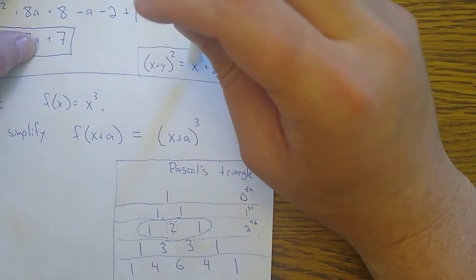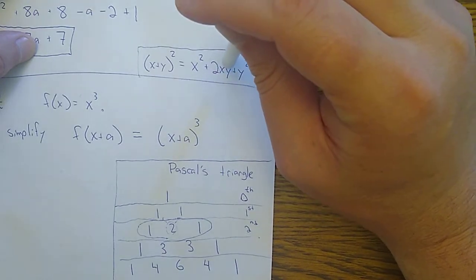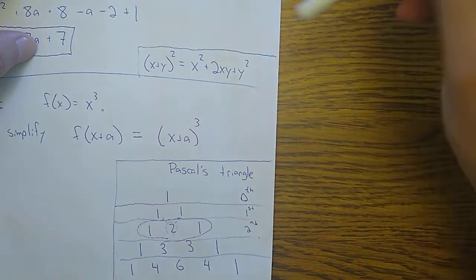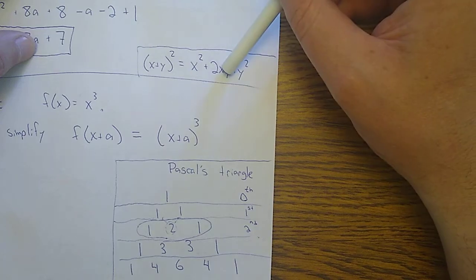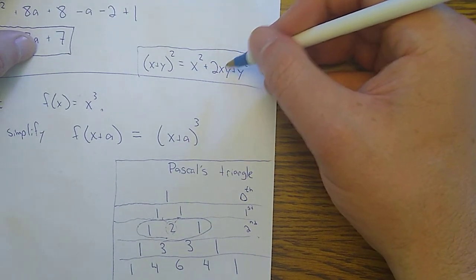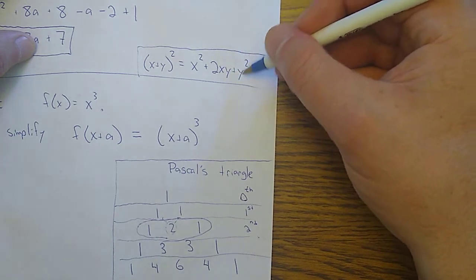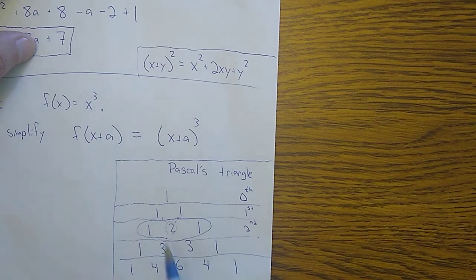So the first term has 2 x's and no y's. The next one has 1 x and 1 y, because the x's went down by 1, the y's went up by 1. The term after that, before there was only 1 x, so now there's no x's, and before there was only 1 y, so now there's 2 y's. And these tell you the coefficients.